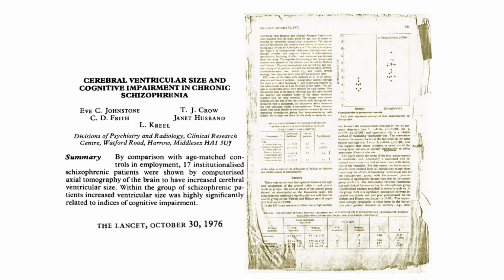This has been a very important and influential paper. So this was the first sort of modern brain imaging study. Eve Johnston, Tim Crow, Chris Frith, and colleagues. And this is a photocopy of this Lancet article, actually from the King's College Institute of Psychiatry library. And this was in the days when it was a real journal, and this just shows you how much people read that article.